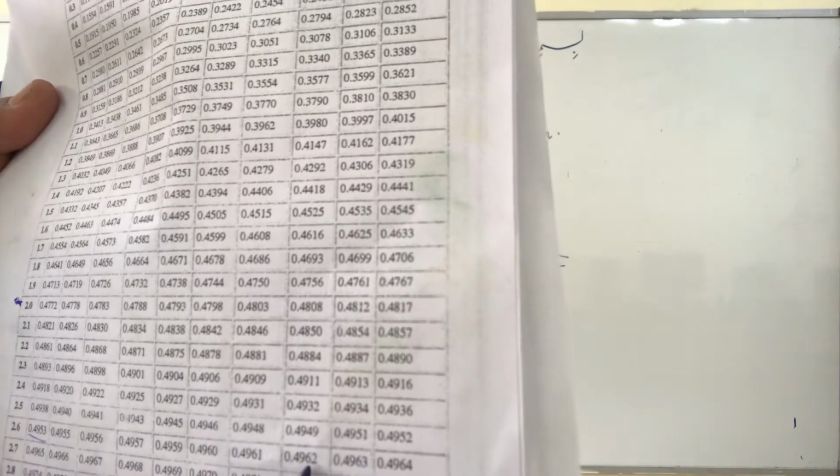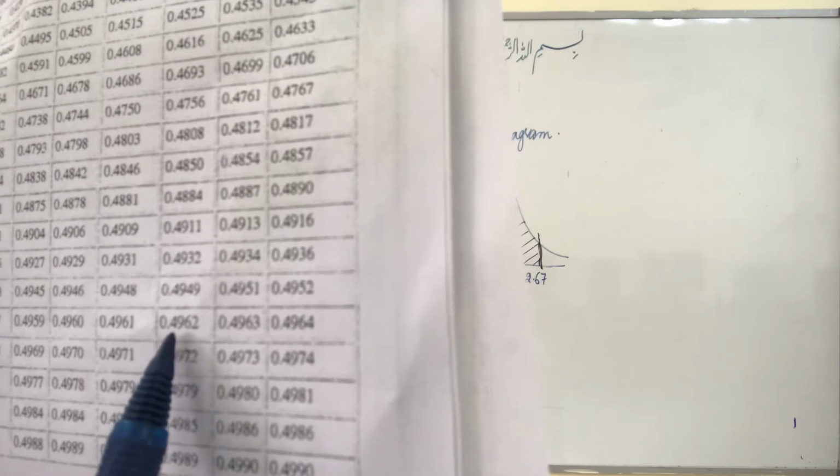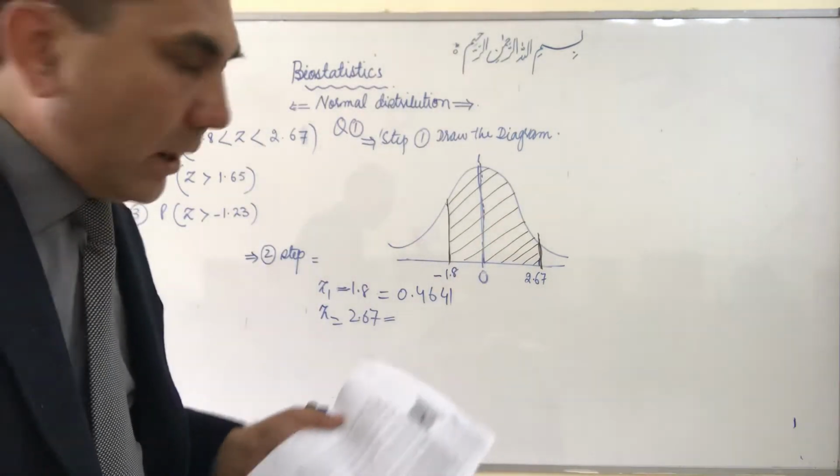Where 2.6 crosses 0.07, the value is 0.4962.